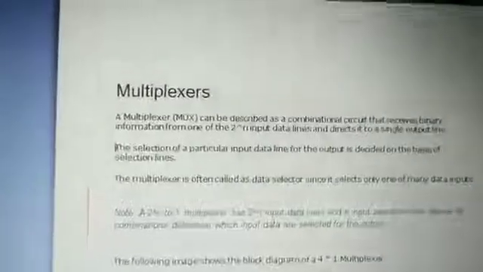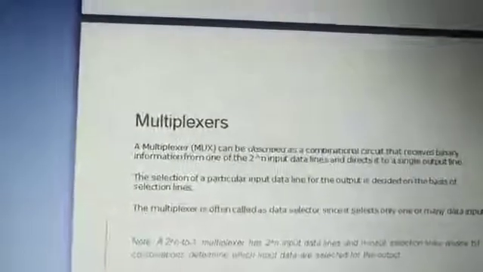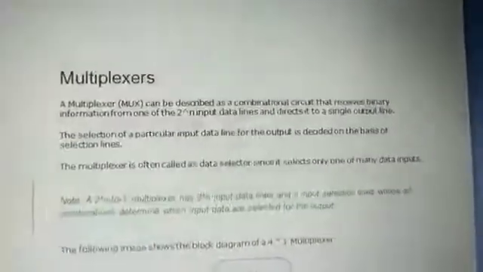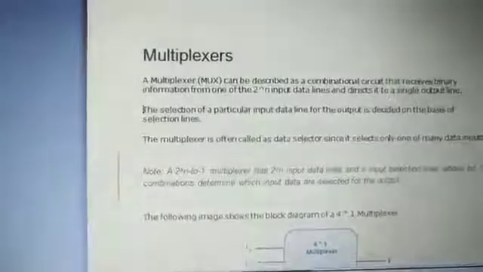So if from several inputs you want to select any one, we will require a multiplexer circuit. Here I am giving the example of a 4x1 multiplexer, but you can implement 8x1, 16x1 also. Then we will come to the application part of the multiplexer.